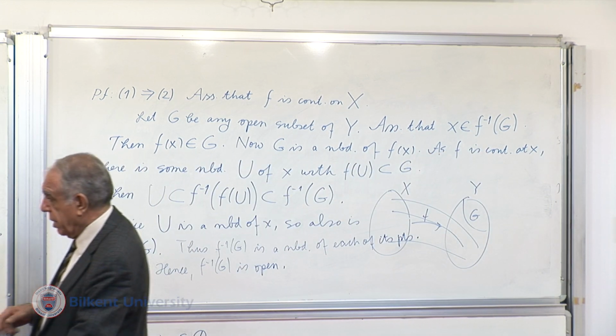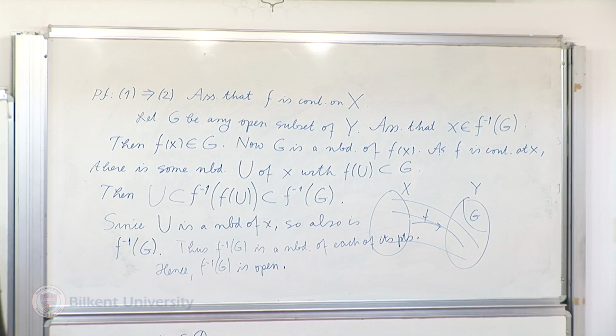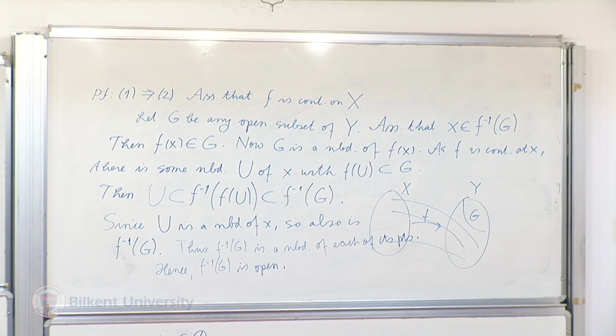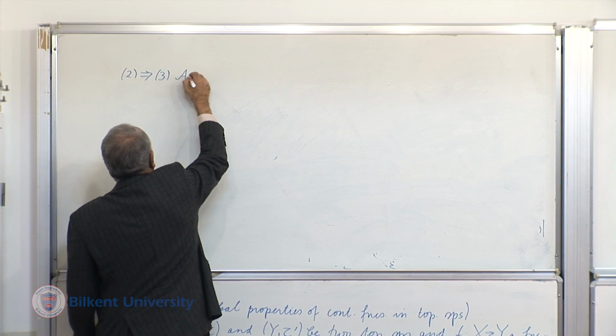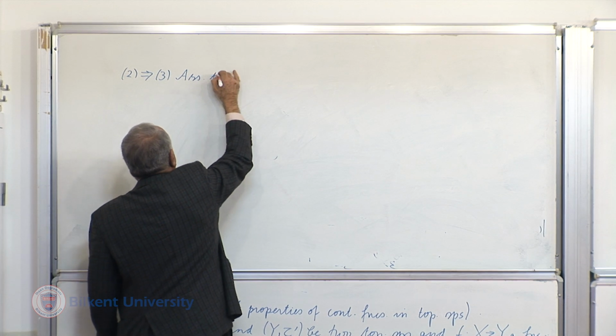Completing the proof of this implication. Now let's also consider 2 implies 3, 3 implies 1. That will be left to you as an exercise. So let us start by assuming that 2 holds.